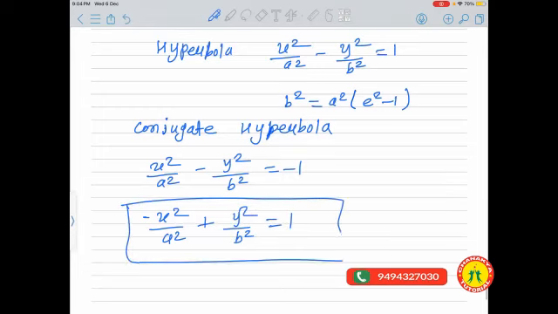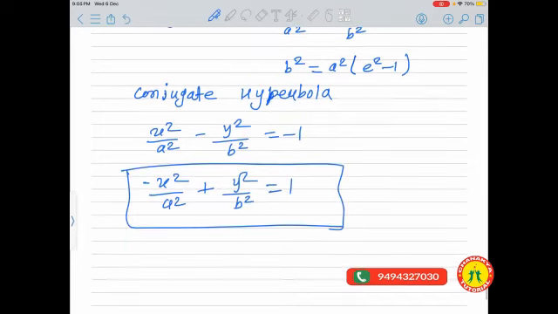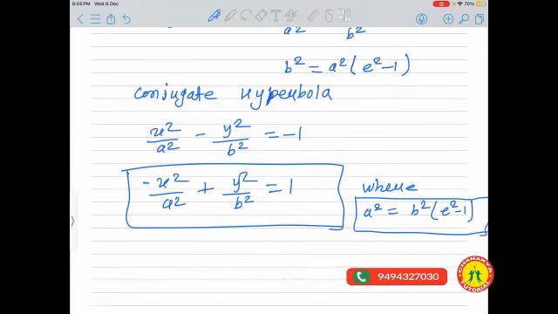Here we replace a with b and b with a. So a square is equal to b square times e square minus 1 for the conjugate hyperbola.